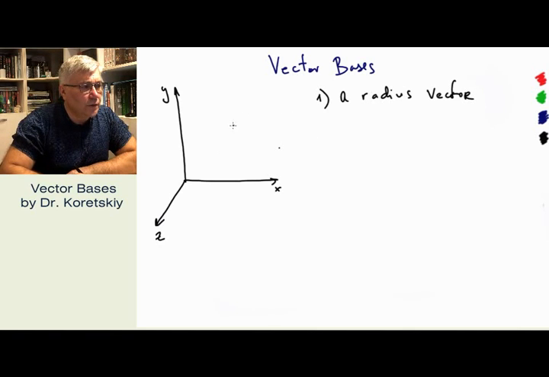And the first concept is a radius vector. A radius vector is a vector.